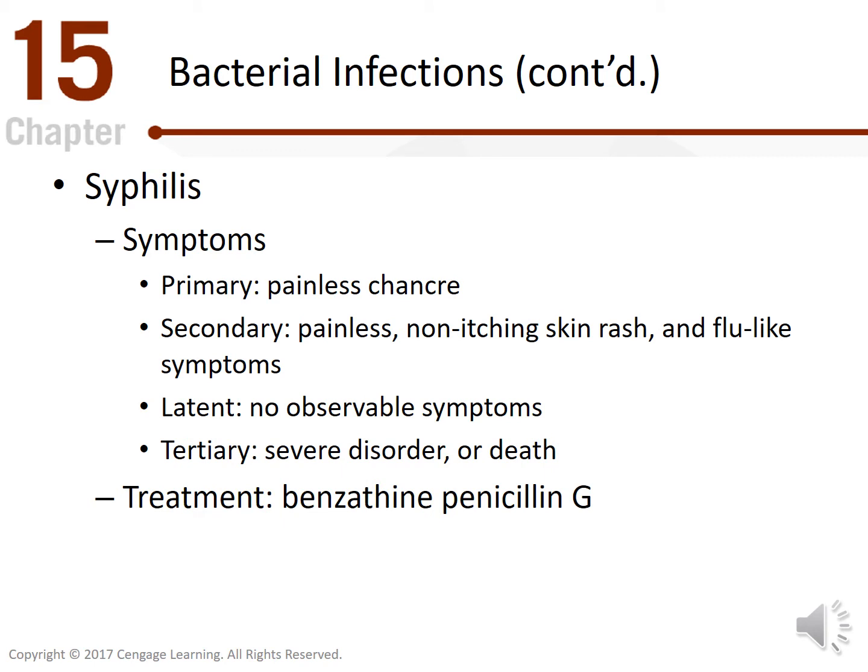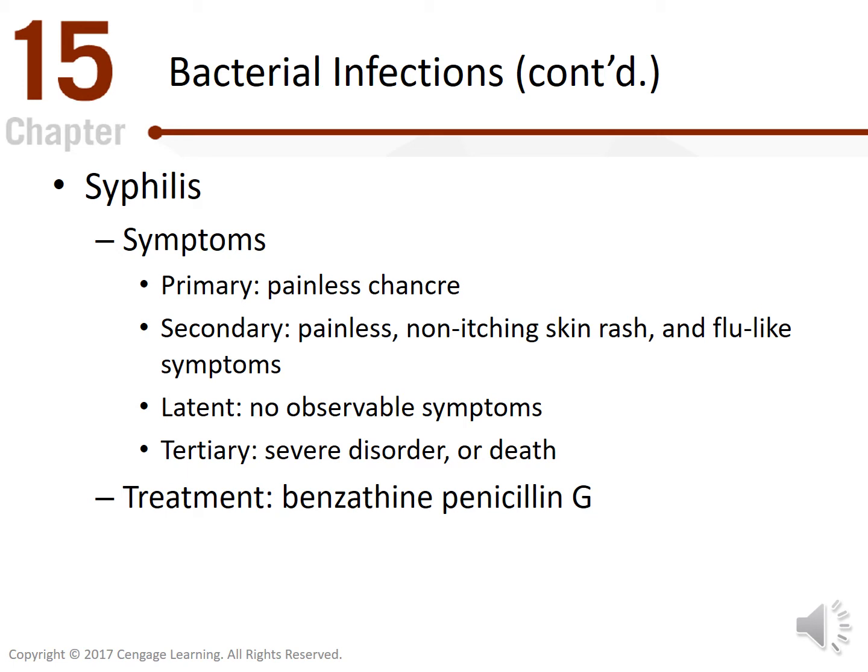Syphilis. Symptoms include primary, primarily painless; secondary, painless, non-itching skin rash and flu-like symptoms. It can be latent and have no observable symptoms, or tertiary, a severe disorder or death.